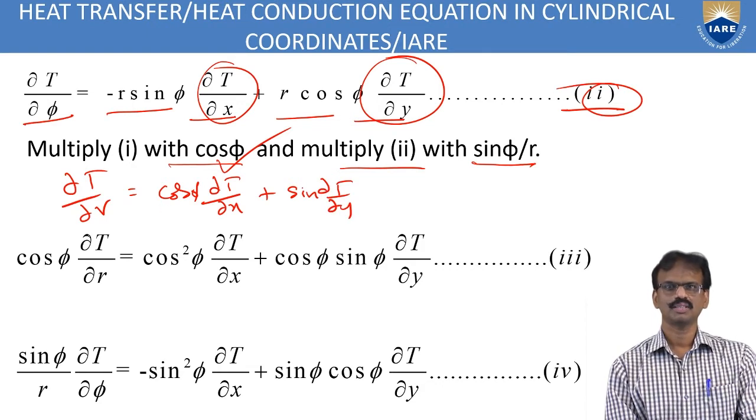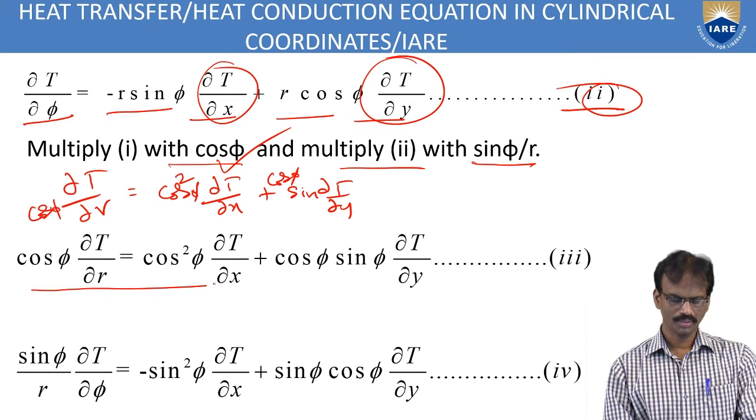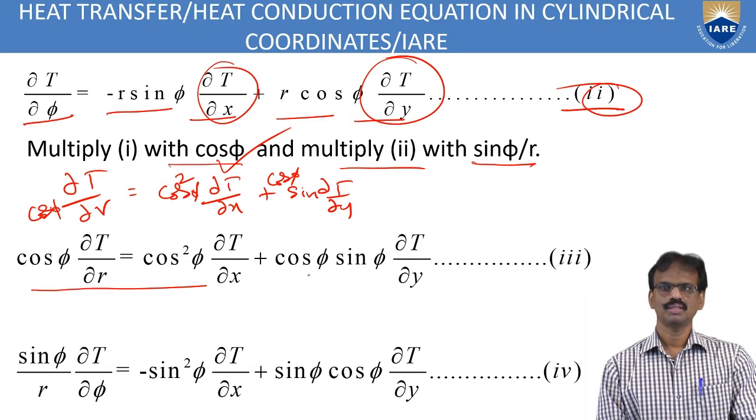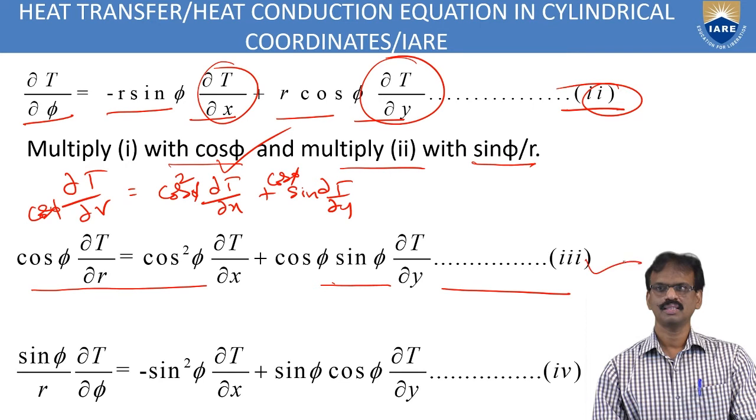Multiply with cos phi: here cos phi, here we get cos square phi, here sin phi cos phi. So we will get this equation: cos phi ∂T/∂r is equal to cos square phi ∂T/∂x plus cos phi sin phi ∂T/∂y. You can take this as equation 3.